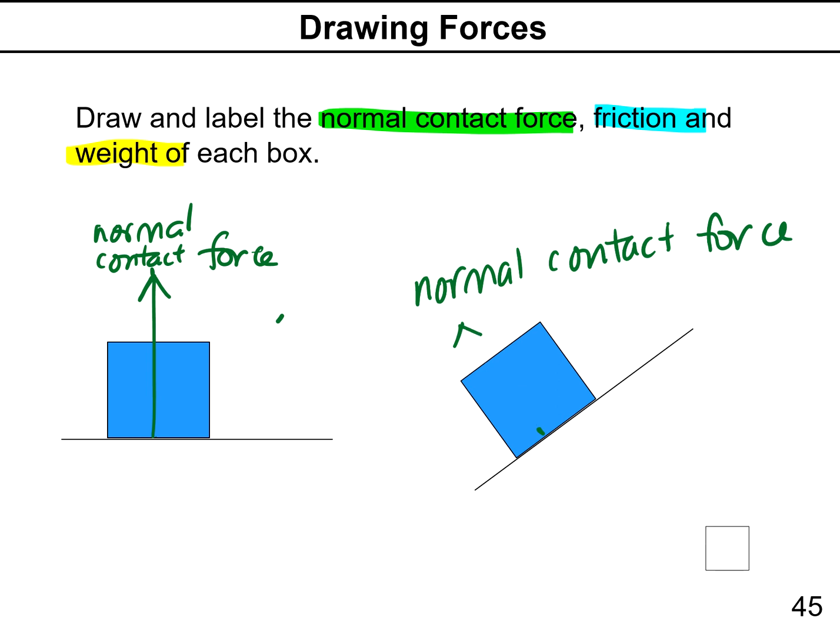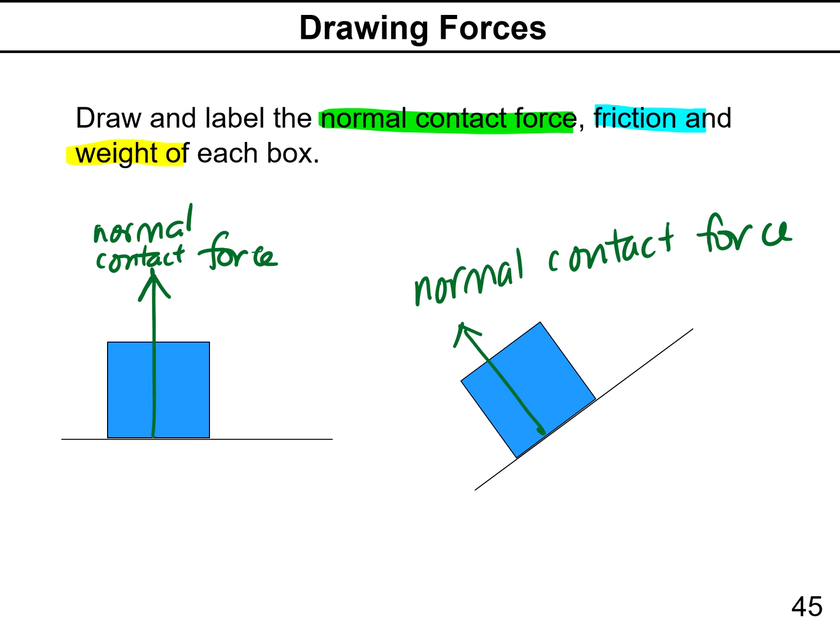Let's go on to the other force, the friction. In this case, the object is not moving, so I will not be able to draw the friction, because they didn't say whether the object is moving. So I have to assume that the object is not moving because no direction is given. Then what about this?